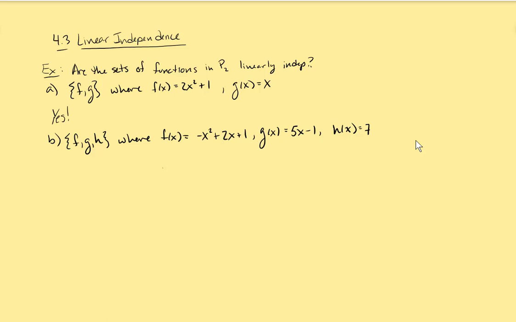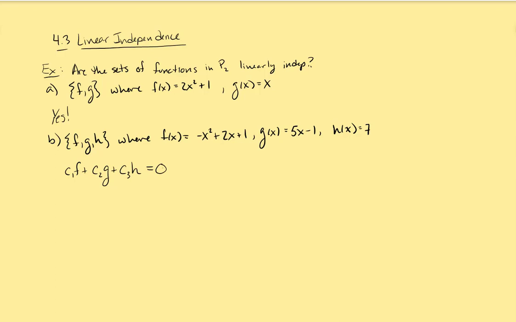Well, we know that to check for linear independence, we have to set a linear combination of these three vectors equal to 0 and see what sort of solutions are possible for that set of scalars C1, C2, and C3. So we're going to write this out. We're going to say C1f plus C2g plus C3h. We're trying to see if that really equals the 0 function, right?